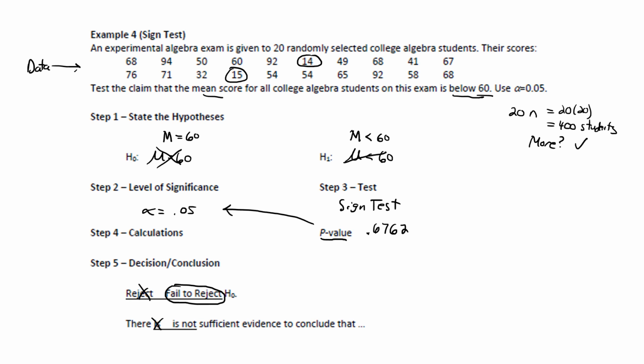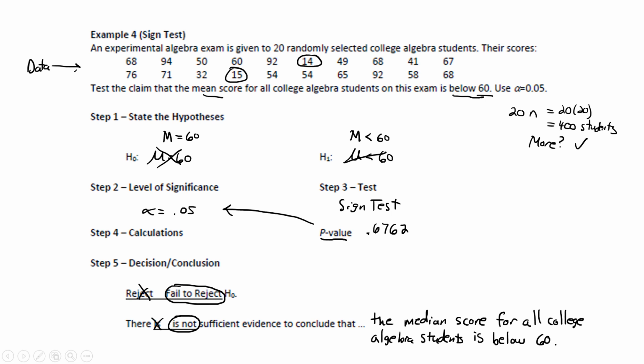When we do that, that means that there is not enough evidence to conclude that the alternative hypothesis is true. In this case, we say there is not sufficient evidence to conclude that the median score for all college algebra students is below 60. This is a direct translation of the alternative hypothesis. The median, m, is less than 60.